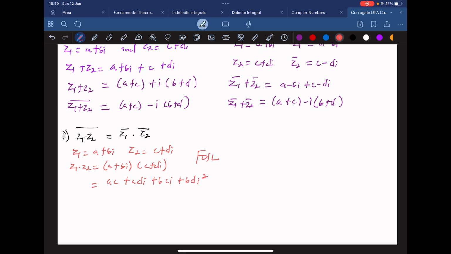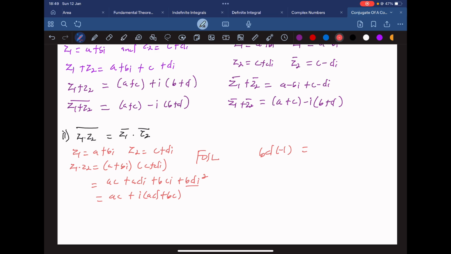So in that case, we are going to have ac plus, remember there's i, so we can factorize the i out. We have ad plus bc in the parentheses. Remember from our previous video, whenever you have i squared, this is the same as minus 1. So substituting it into our equation, we are just going to have bd, this one right here, times negative 1.